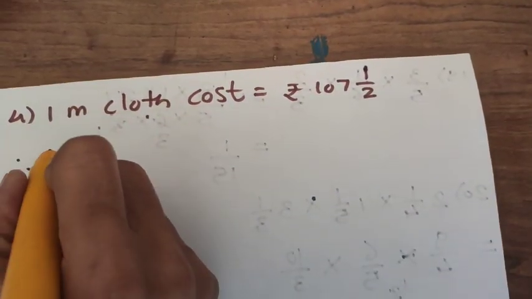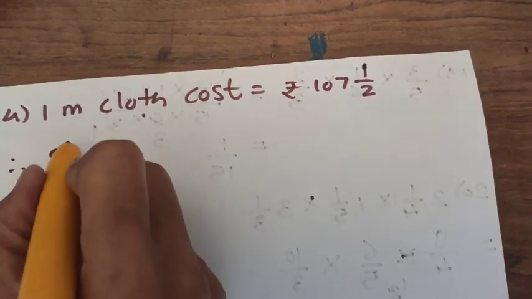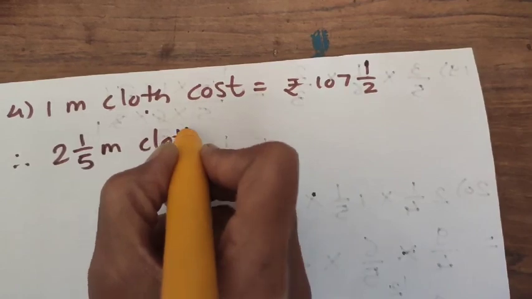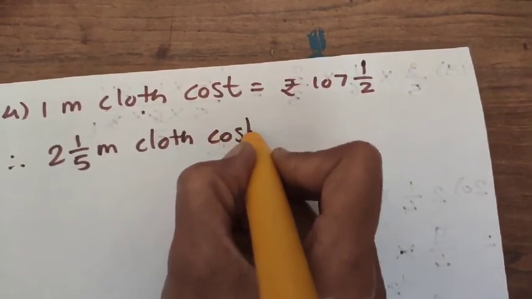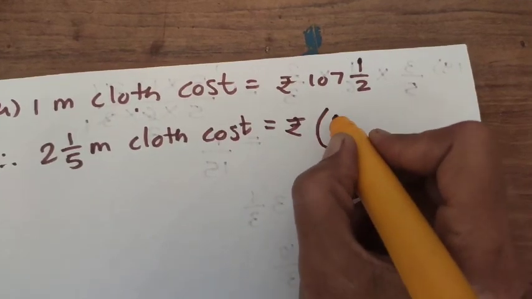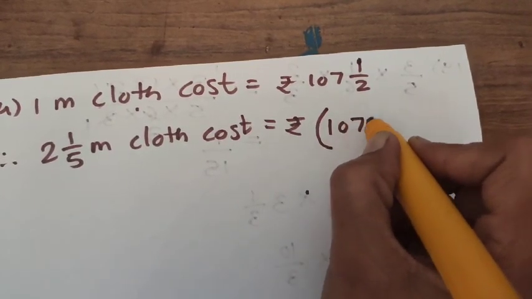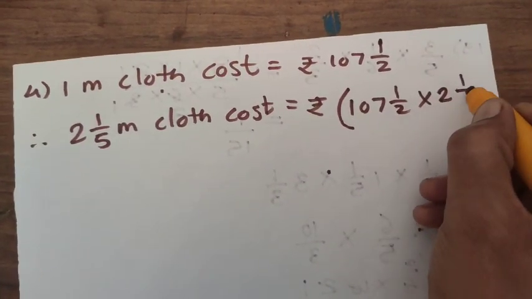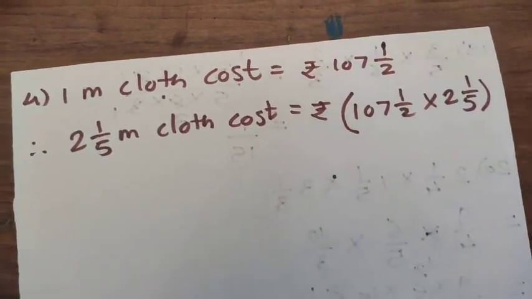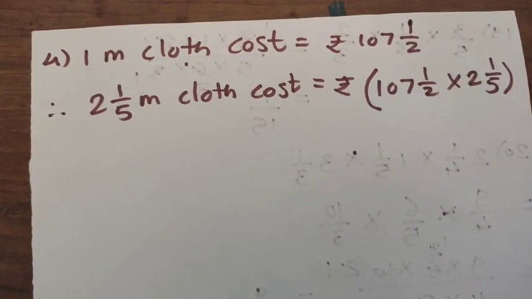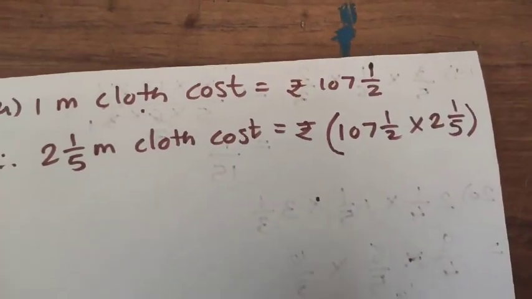So therefore 2 integer 1 by 5 meter cloth cost is equal to rupees 107 integer 1 by 2 multiplied by 2 integer 1 by 5. So this multiplication you have to do. First you have to convert into improper fractions.